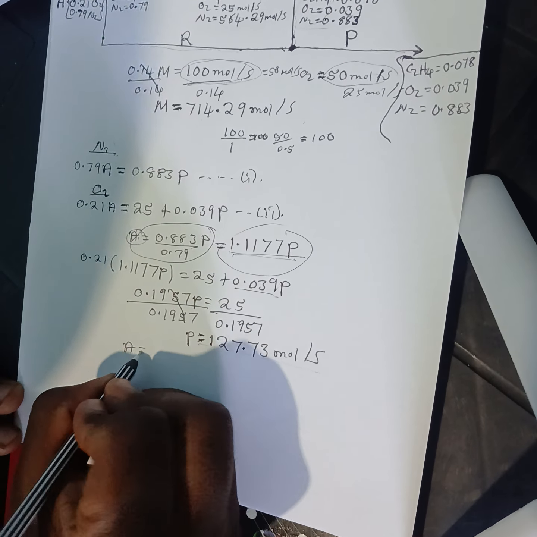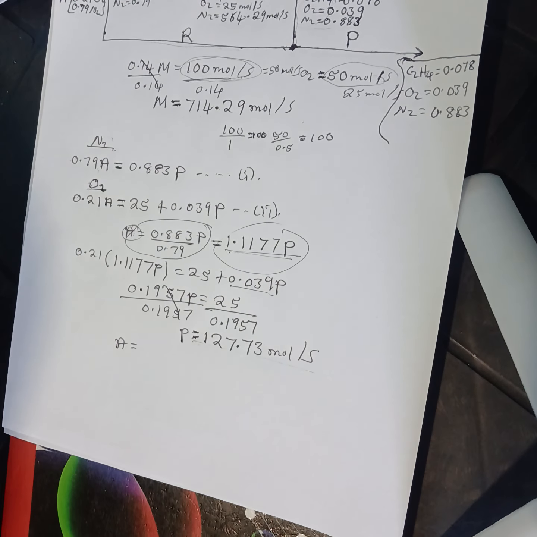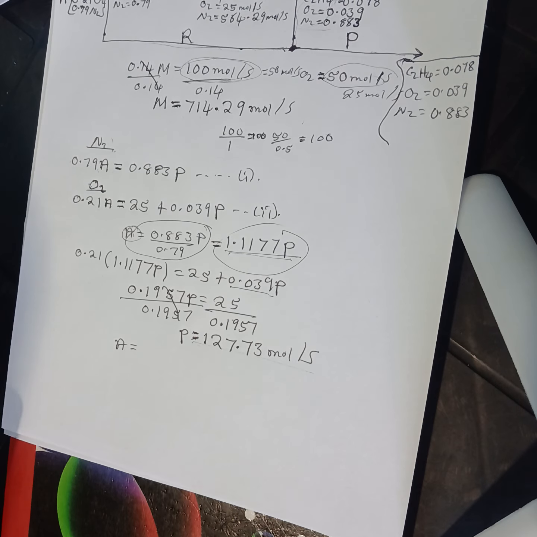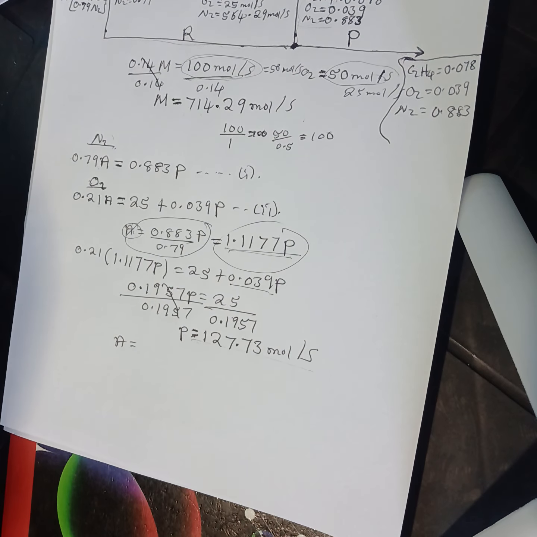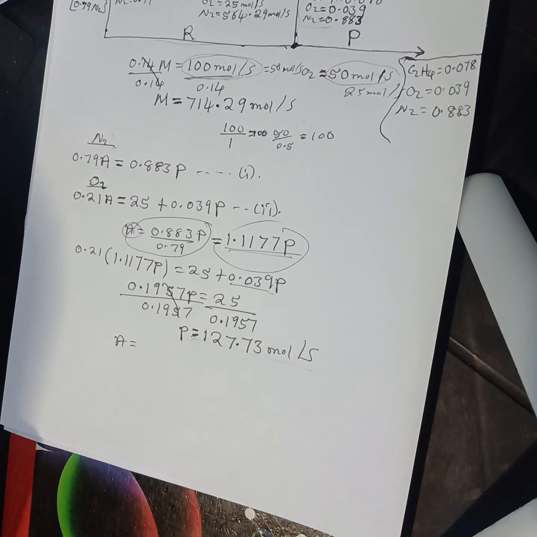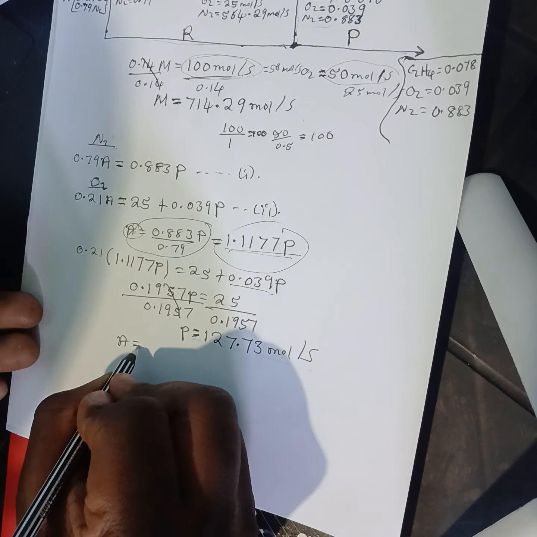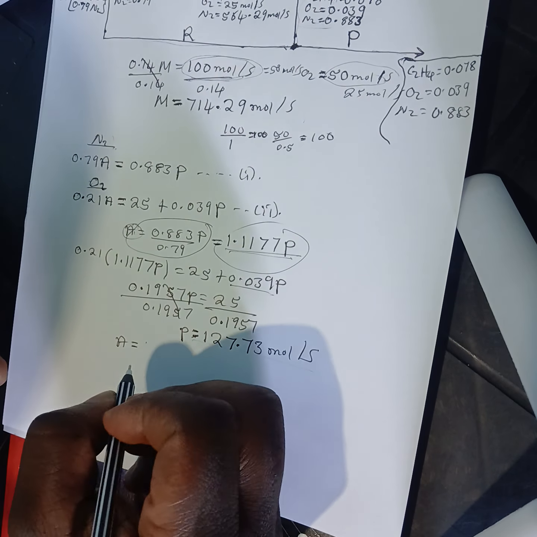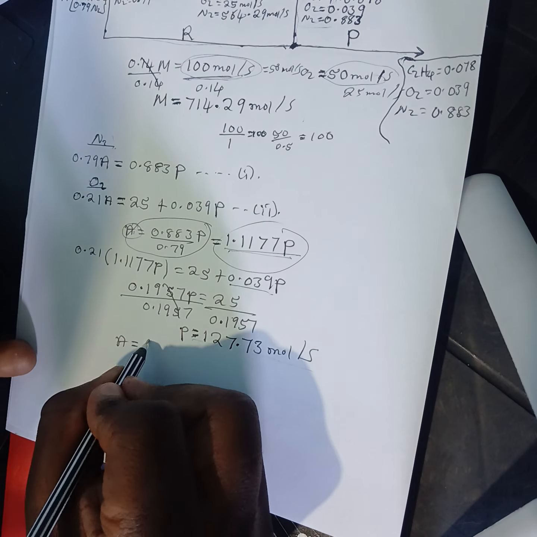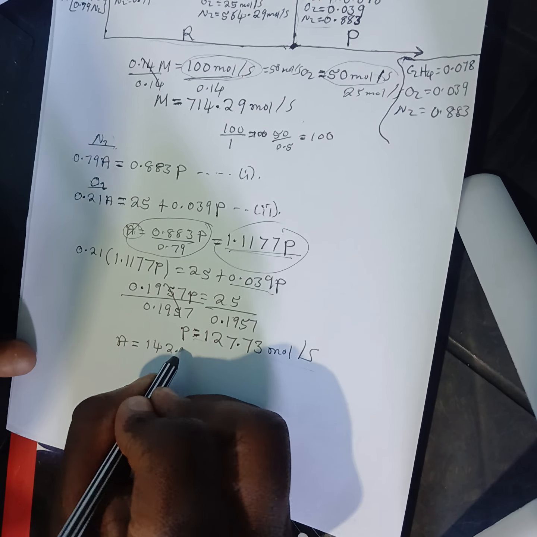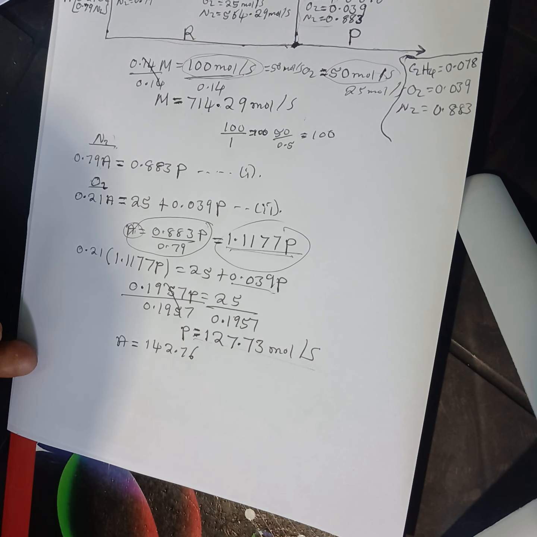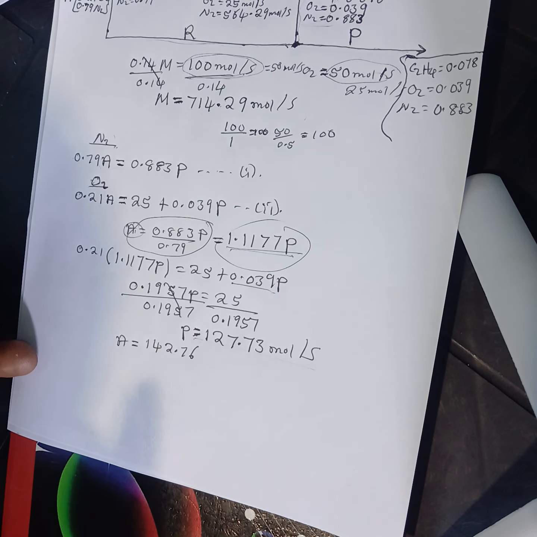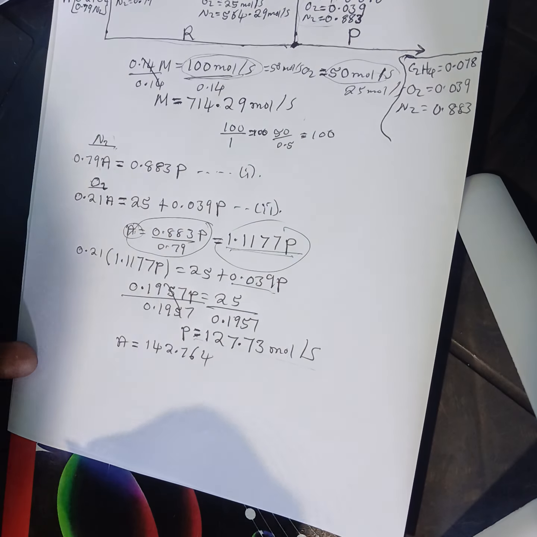So we have air entering to be equal to 127.73 multiplied by 1.1177. This gives us amount of air entering to be equal to 142.76. Okay, now I am not only interested in the amount of air entering, but I am also interested in the amount of oxygen entering.